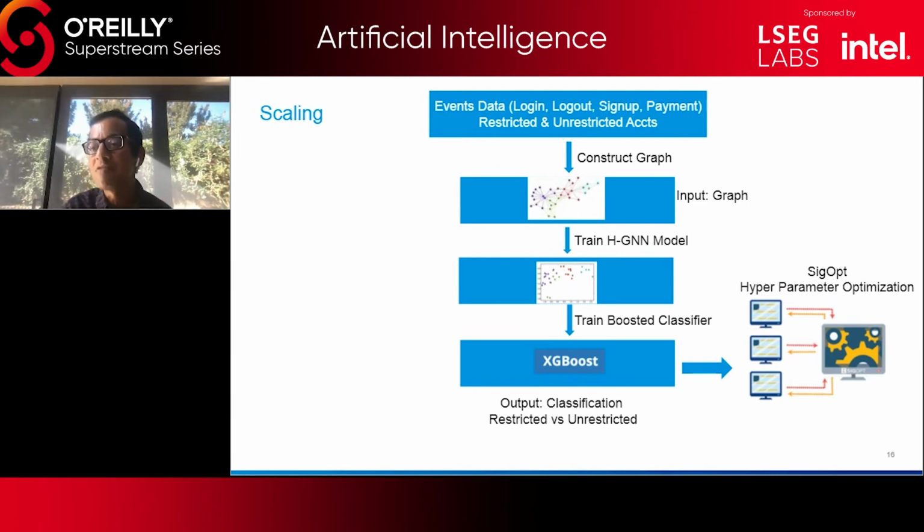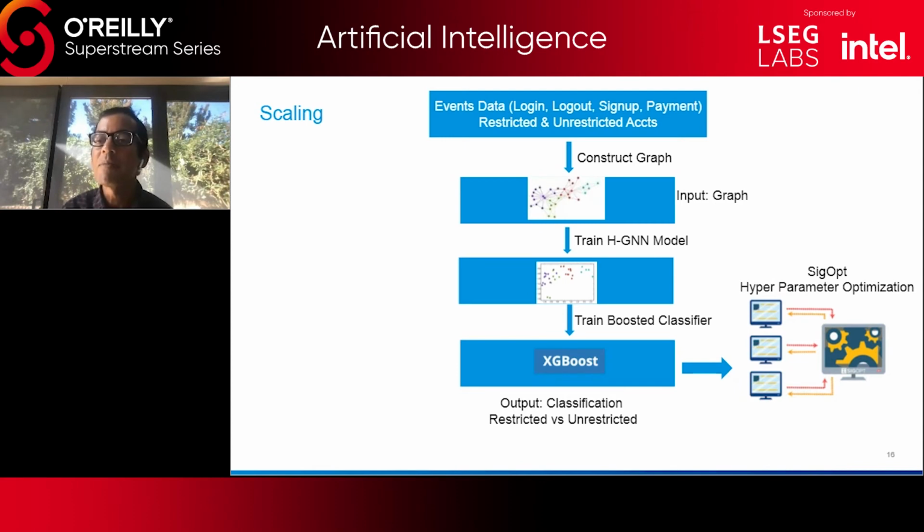So you need to have feature intelligence from our traditional domains as well. So XGBoost, the boosting algorithm, tries to combine features from non-graph-based algorithms with the graph-based algorithm to build the final classifier, where we make a decision whether the account should be restricted or non-restricted, right?